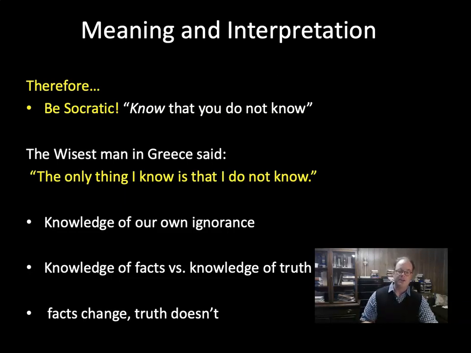And of course the question comes up, does he really know anything when he says this? Well, the answer is obviously yes, because there are some people who think they know when they don't, right? So when you say, I know that I don't know, you're cognizant of the fact that you're lacking certain facts, right? So knowledge of our own ignorance is an absolutely crucial bit of information.